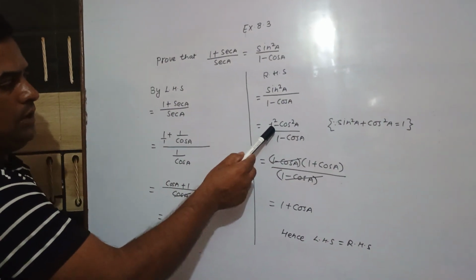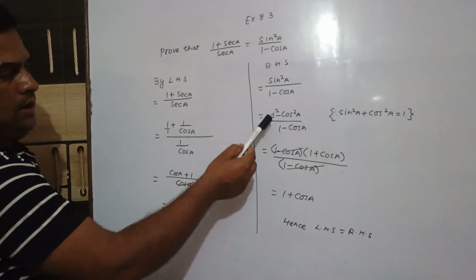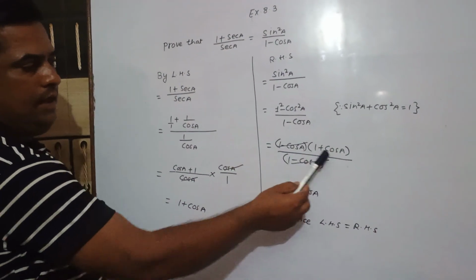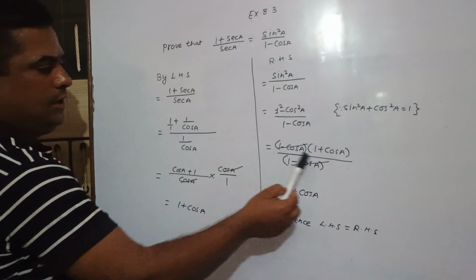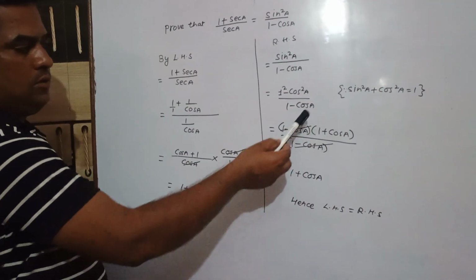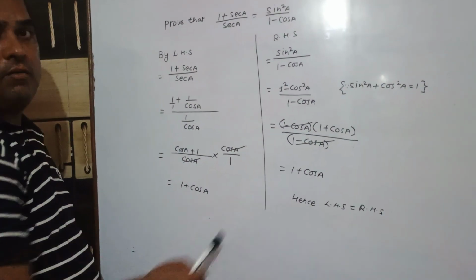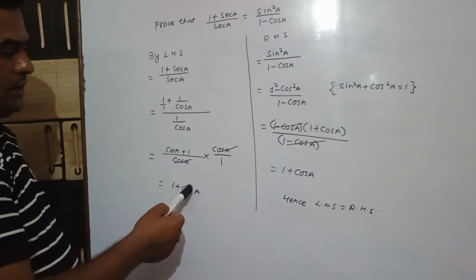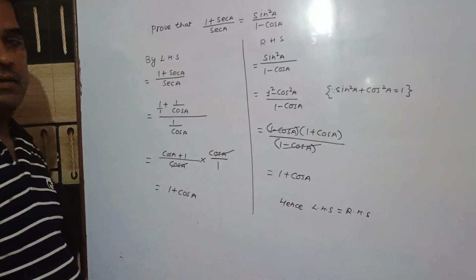Now we can write here 1 square minus cos square A, A square minus B square, so this will be A minus B and A plus B. In the denominator 1 minus cos A, 1 minus cos A cancel out. So you get here 1 plus cos A. Correct? Now you can see here left hand side equals to right hand side.